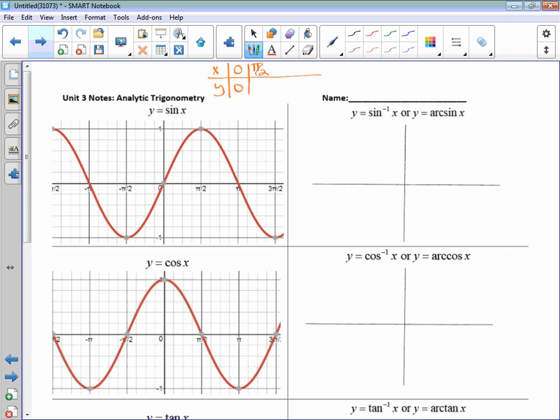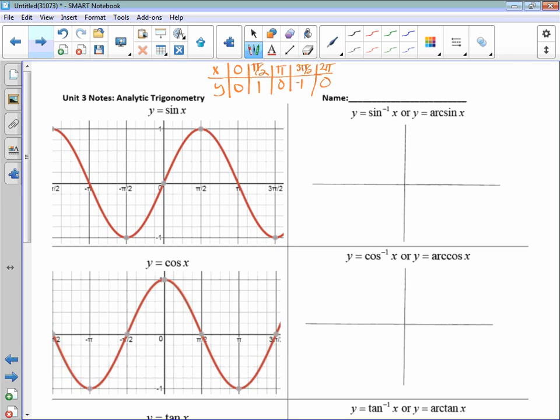So guys, all I'm doing is looking at the graph here. 0, 0, when x is pi over 2, y is 1. When x is pi, 0, okay, you with me? What about 3 pi over 2? What about 2 pi? 0. And could I have done some of the negative values? Perhaps. Negative pi over 2, all that stuff.